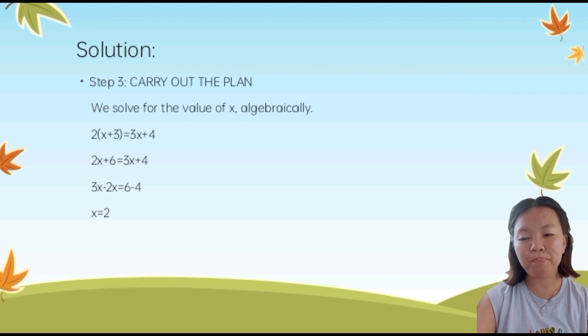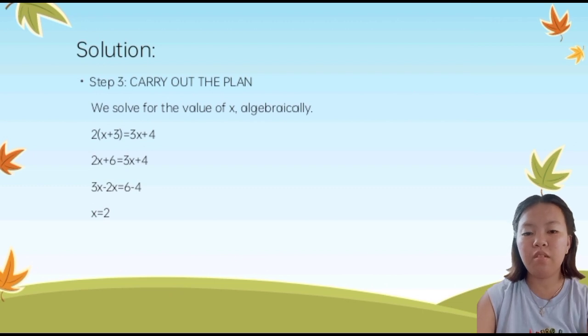So, copy 6, transpose 4, equals, copy 3x and transpose 2x. 6 minus 4 is 2. And then 3x minus 2x equals x. So therefore, x is 2.